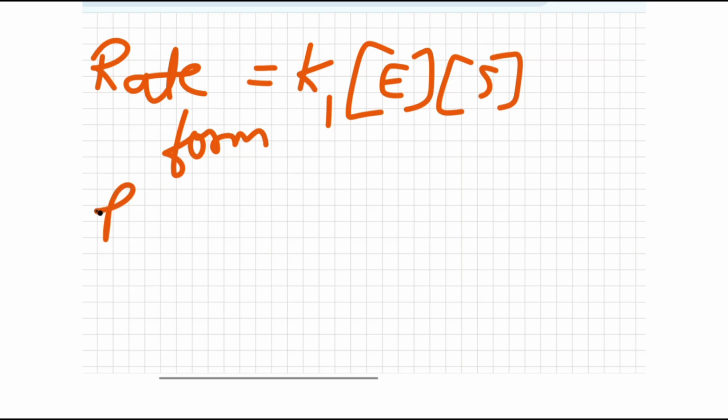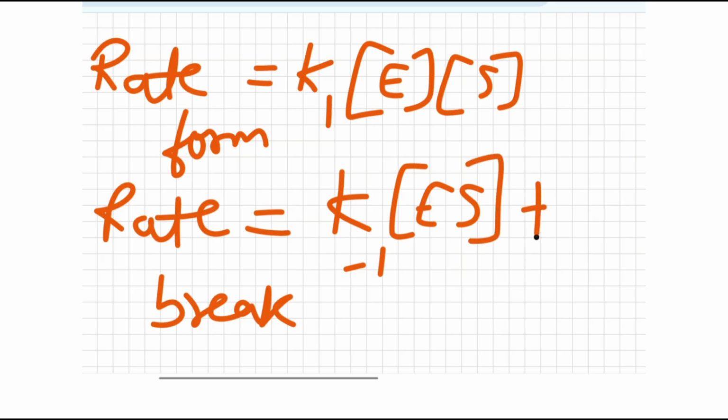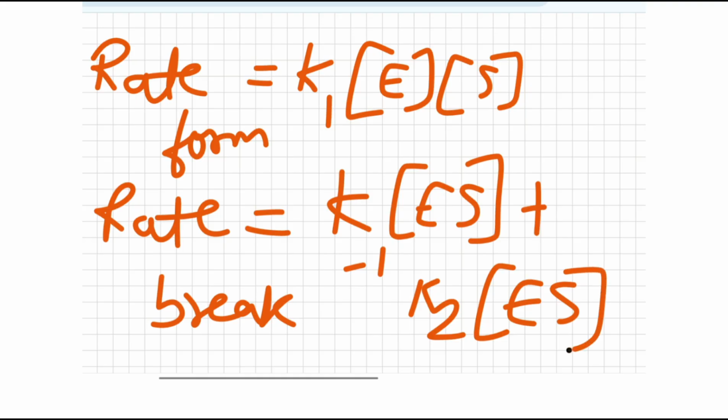Whereas the rate of breakdown is K minus 1 times the enzyme-substrate complex plus K2 times the enzyme-substrate complex. Now we have to solve this.